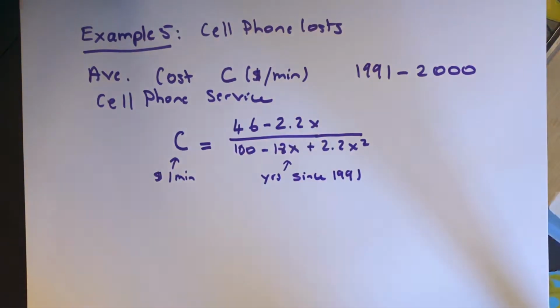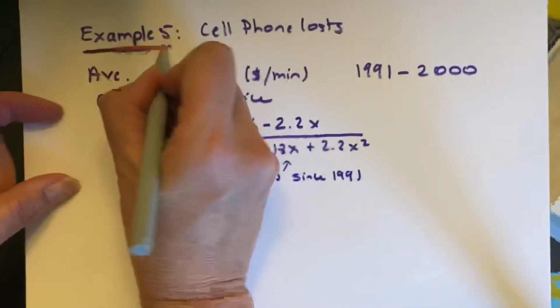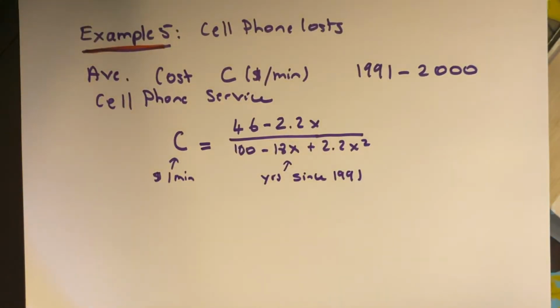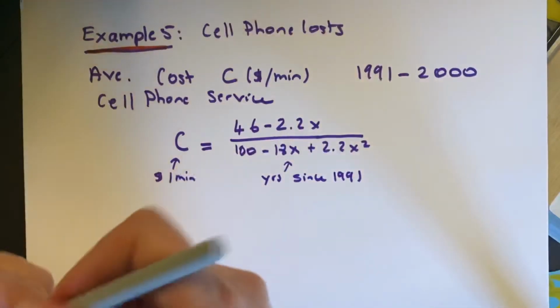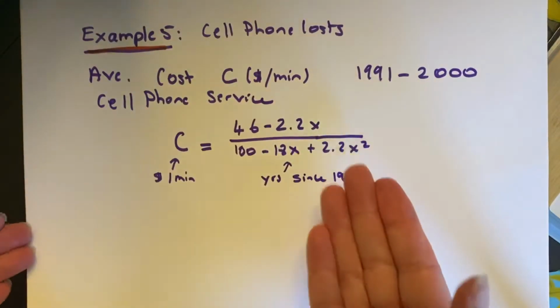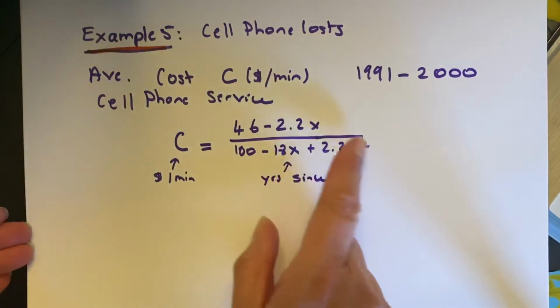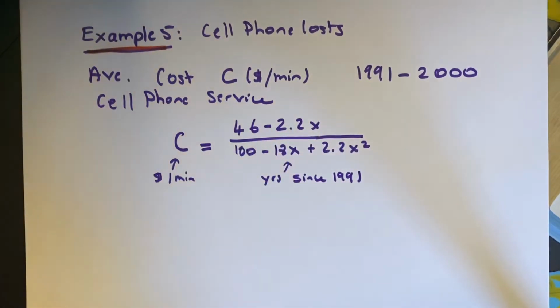All right. Rewrite the model so that it has only whole number coefficients. Rewriting the model means I'm just going to multiply everything by 10. To get whole numbers just means that they want you to get rid of the decimal, which means I'm going to multiply everything by 10.